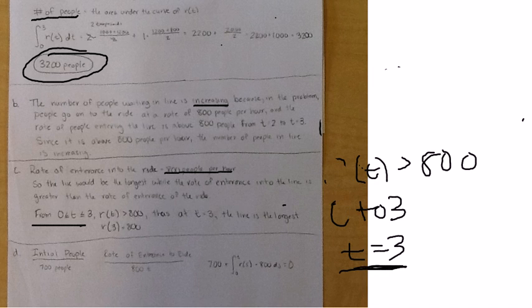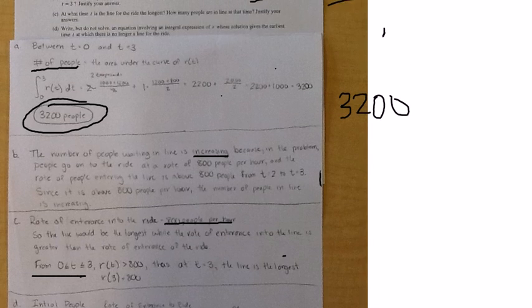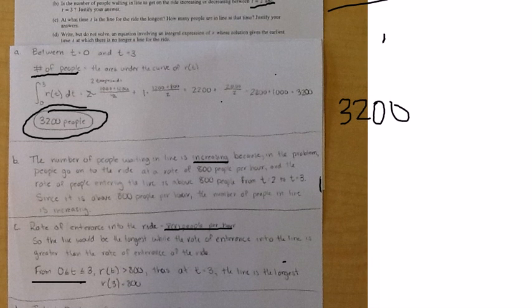Now the second part is how many people are in the line at that time. So we know that there's 3,200 people gained in the line from 0 to 3, since we found that out in part A. Now we have to add that to 800t.